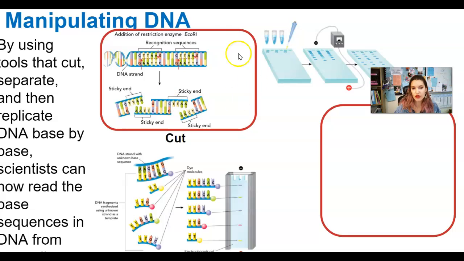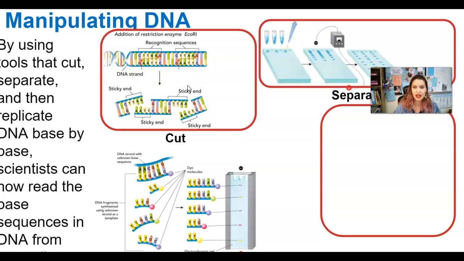This shows the process of how a scientist will use E. coli, which is an enzyme, to cut the DNA strands at specific points. Between the A and the G is where it's cutting, and it will make segments of DNA. Then they put it into this machine called gel electrophoresis.